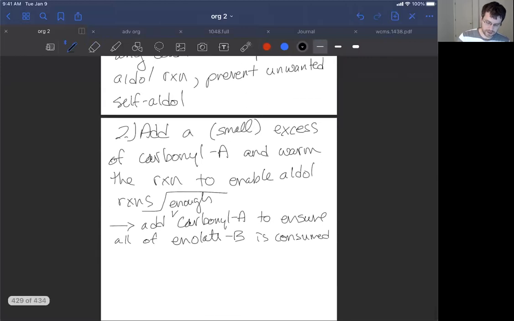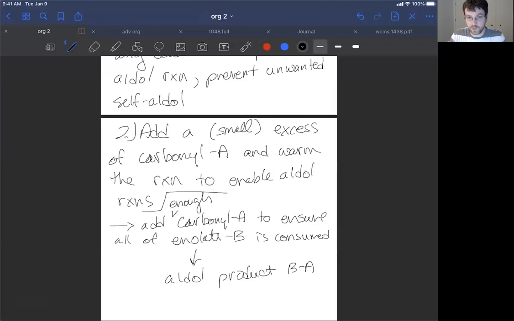So we consume enolate B, and this forms the aldol product BA. We have all of our enolates sitting and waiting. We want to make sure that we add enough carbonyl A to consume all of enolate B, because otherwise enolate B could react and generate a new carbonyl, because after the aldol reaction occurs, we generate a new carbonyl.